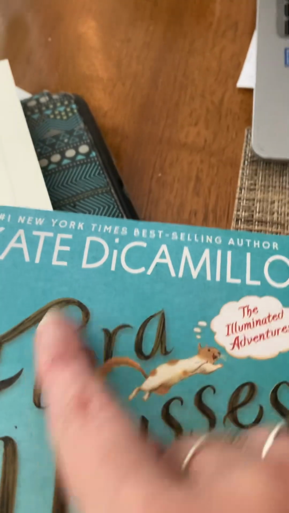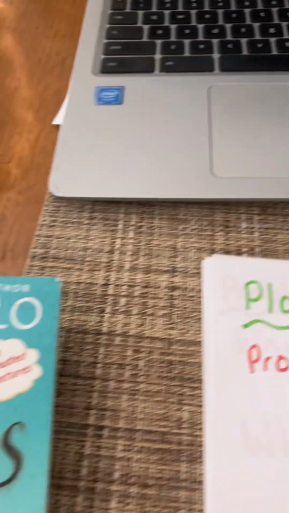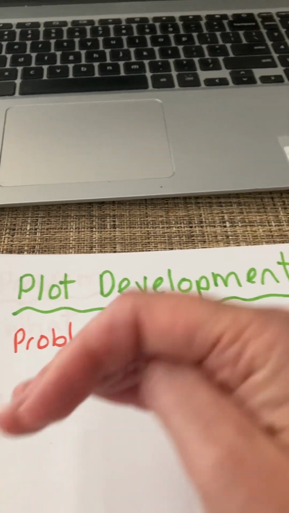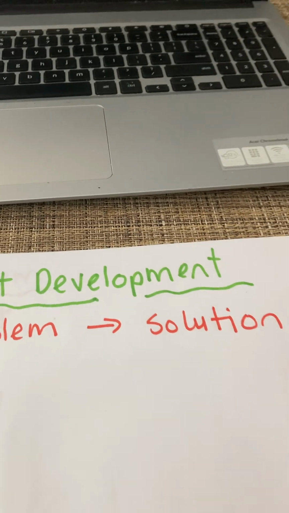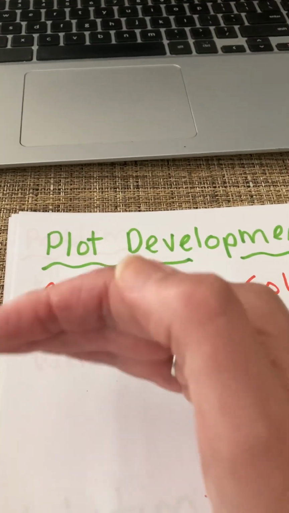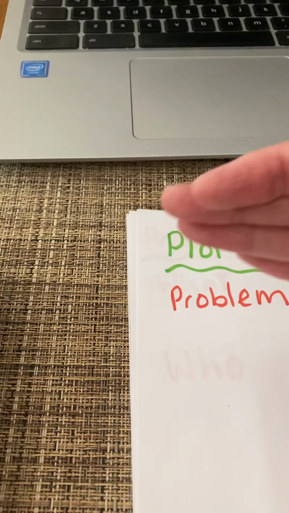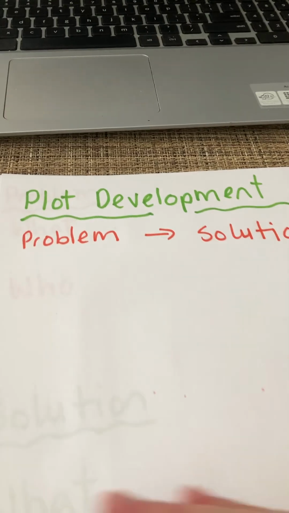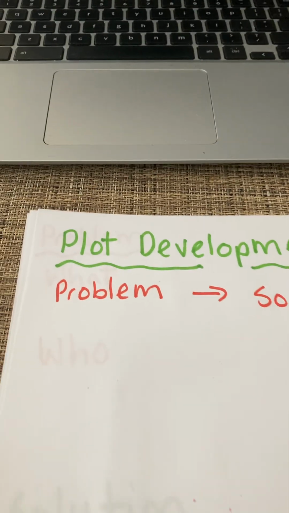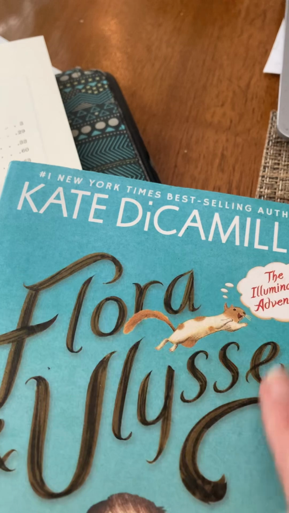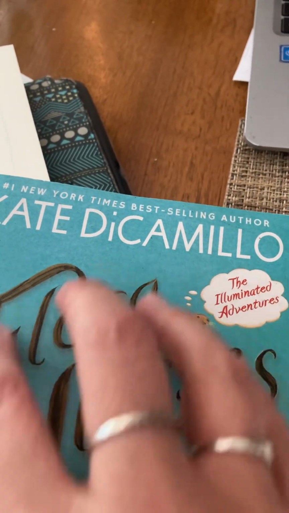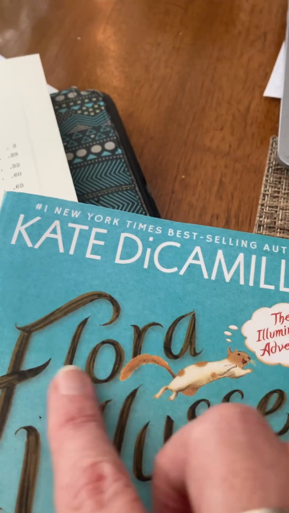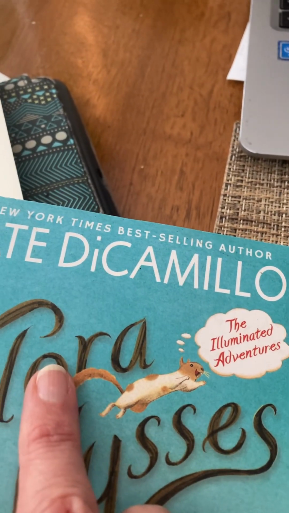But when you're coming to a story like this, you'll find that the author builds in a problem, and then in the solution there'll be another problem, or maybe there's two or three problems running at the same time, or maybe she solves one problem but the bigger problem is still lying underneath. We've done a lot of talking in class about how the big problem here is just how lonely Flora is.